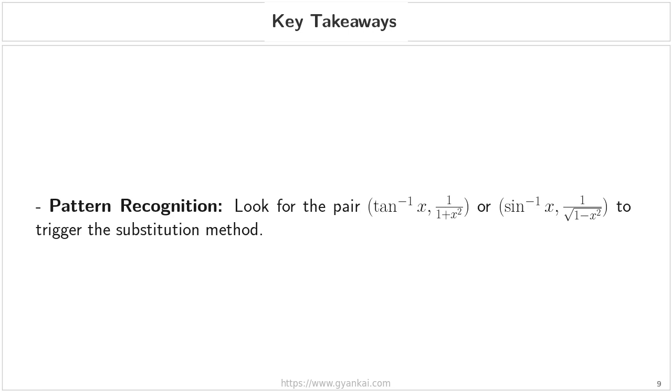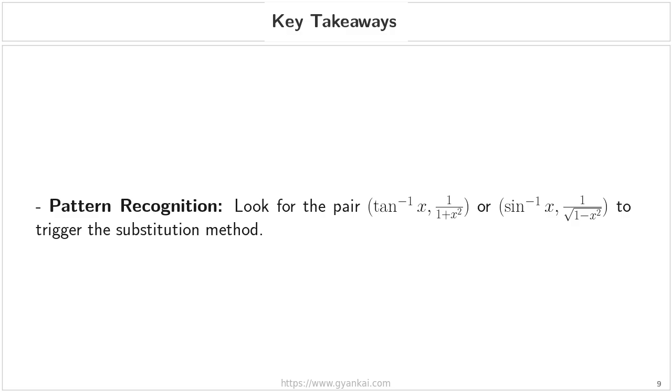Key takeaways. Okay, let's wrap up our discussion on integrating inverse trigonometric functions with these key takeaways. First, and this is really important for spotting these problems, is pattern recognition. You should train your eye to immediately look for specific pairings within the integral.